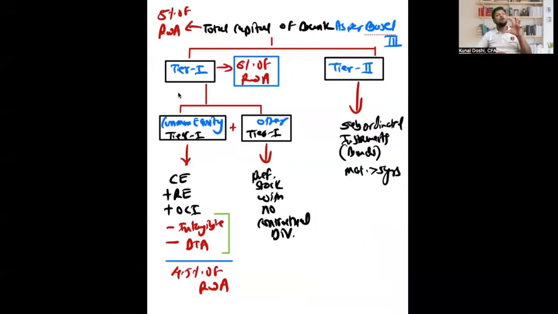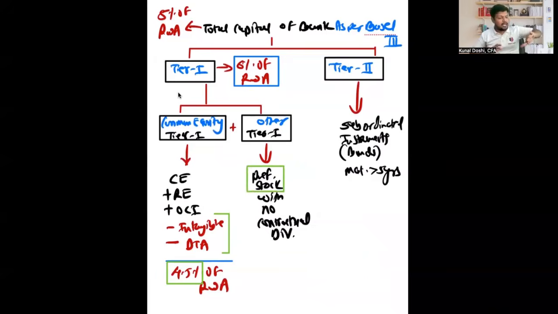Apart from that, whatever is the common equity of the bank, all of that is your tier 1 capital. This should be 4.5 percent of the risk weighted assets as of now. All right. In this, the other tier 1 capital includes preferred stock with no contractual dividend.